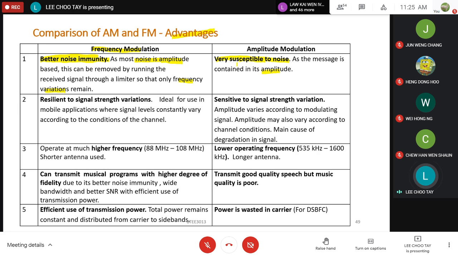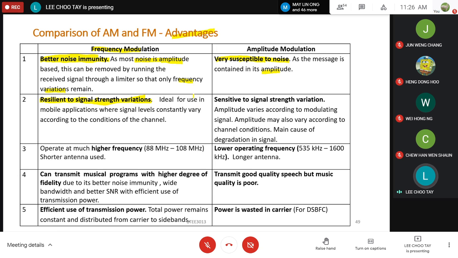The second advantage of the frequency modulation technique is that it's resilient to signal strength variation. Again, this comes from the fact that the frequency modulated signal has constant amplitude. So any variation in the signal strength, we can always clip back to constant.